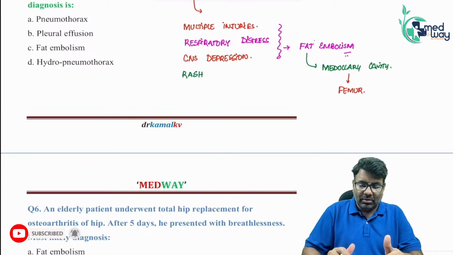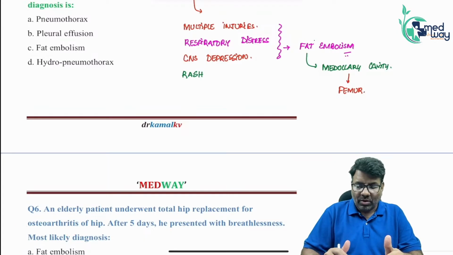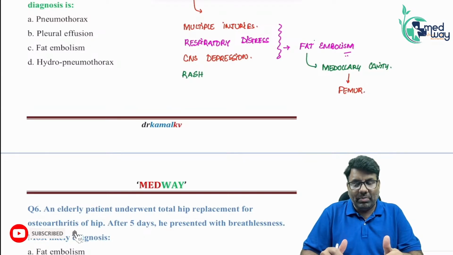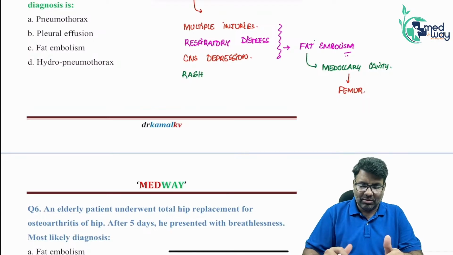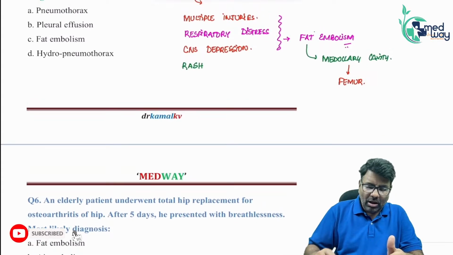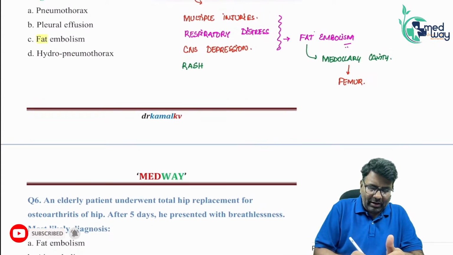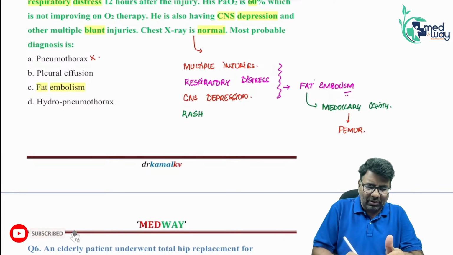There is a respiratory problem, it can be tachypnea. Then there is CNS involvement, and more importantly, a cutaneous finding in the form of rash. So this is classically fat embolism. So here the answer will come out to be fat embolism. And since the chest X-ray is normal, you can clearly rule out any pneumothorax, because that will show radiolucency, right?